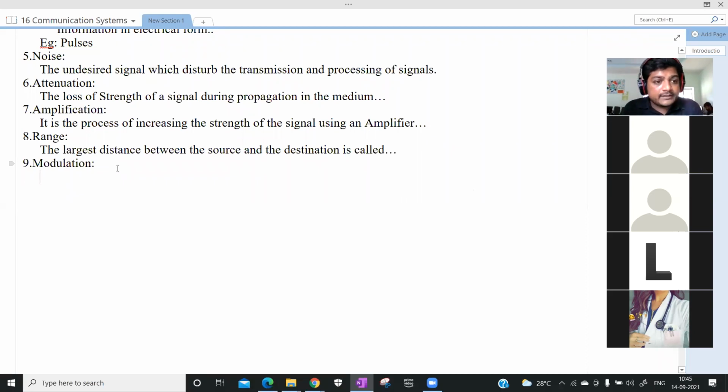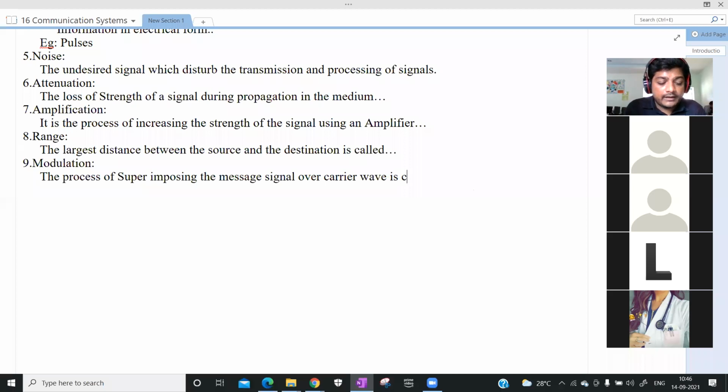It is the process of superimposing, this word is important, superimposing the message signal over the carrier wave is called what, Nana? Modulation. Understood?